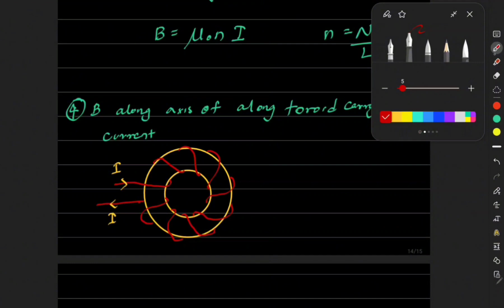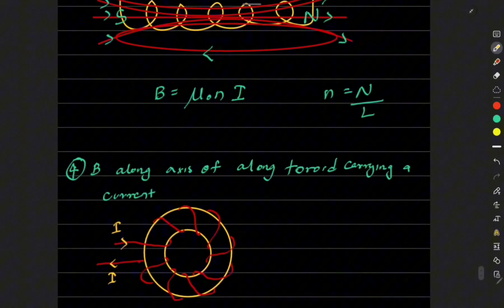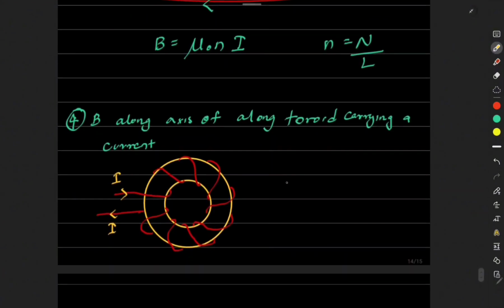For this also we use the same expression as we used for the solenoid. B equal to mu naught n I, and this n is N divided by 2 pi r. Here for the solenoid we use L, here we use 2 pi r.